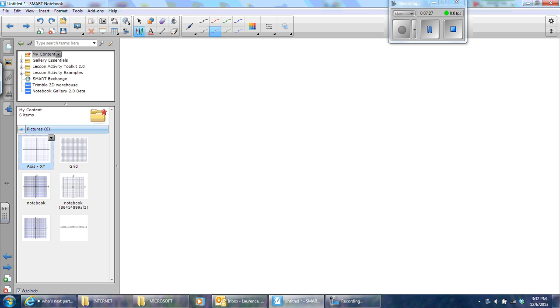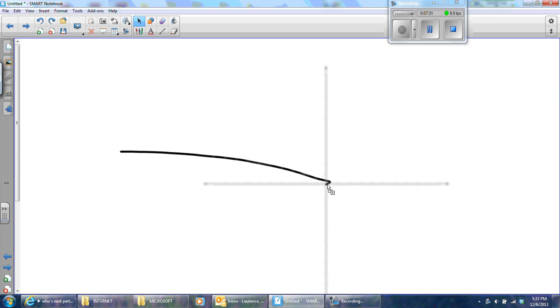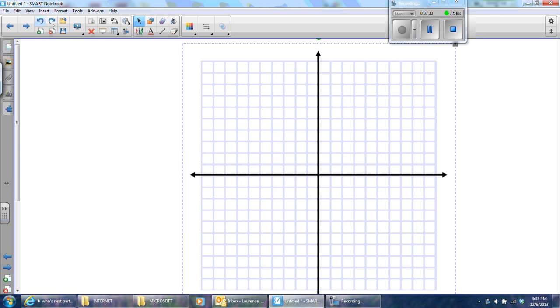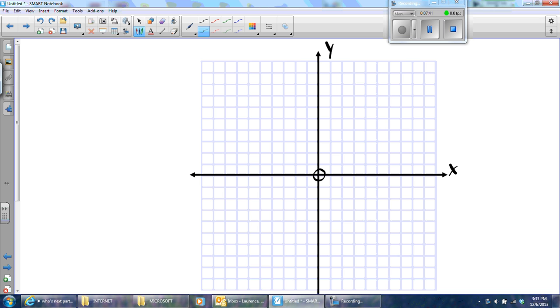So if I'm in point slope form, I might have an equation that looks like this: y minus 5 equals -2 times the quantity of x plus 4.